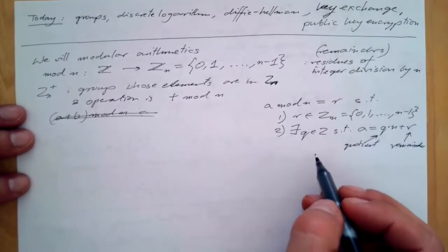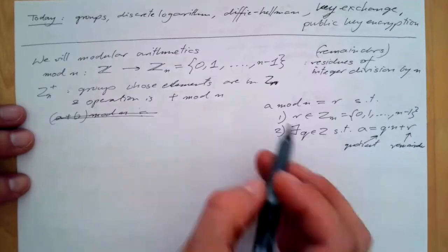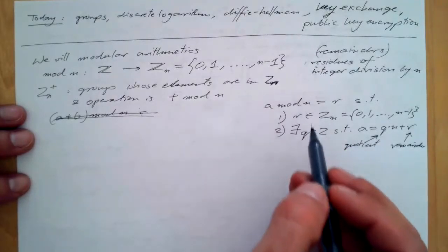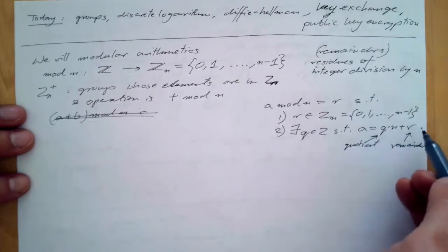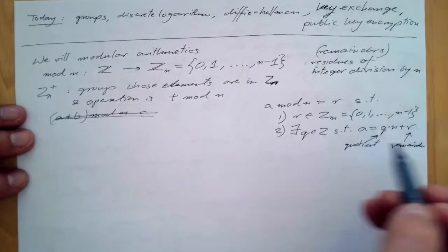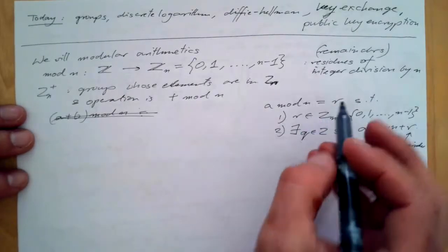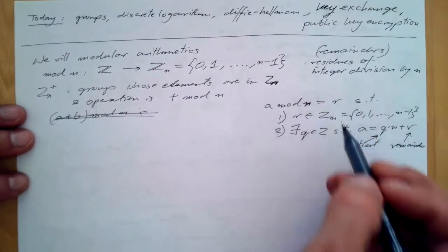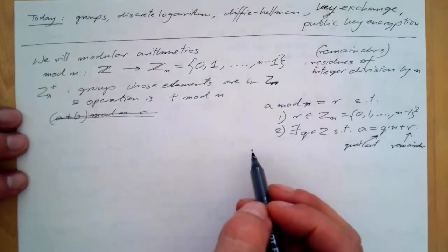This is how integer division works. If I divide a by n, I get some quotient, and I get a remainder. And modular reduction is just asking what's the remainder, and I don't care about the quotient.